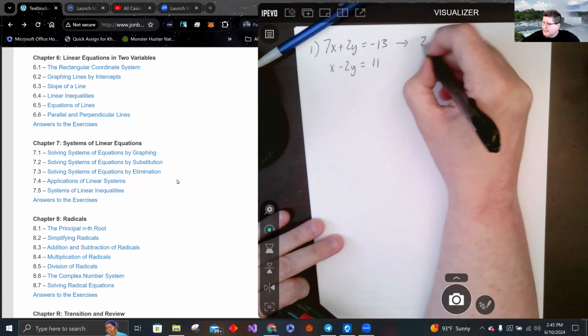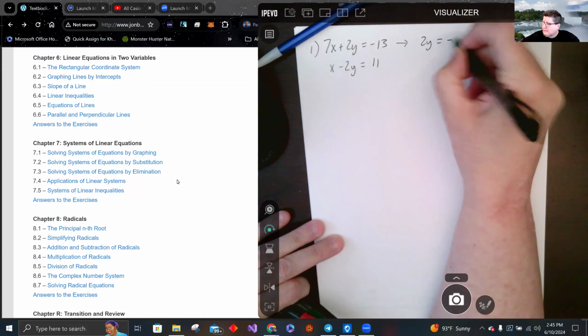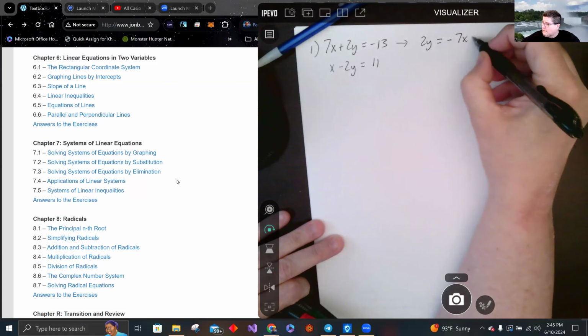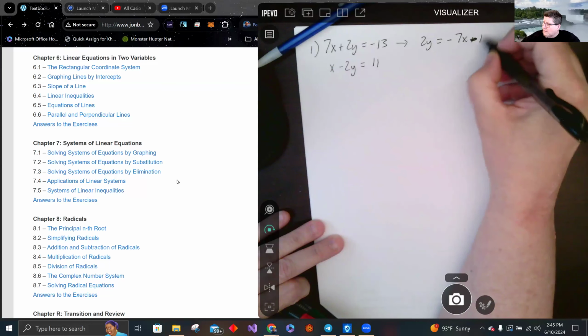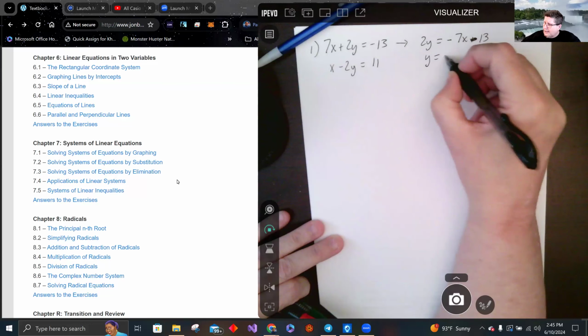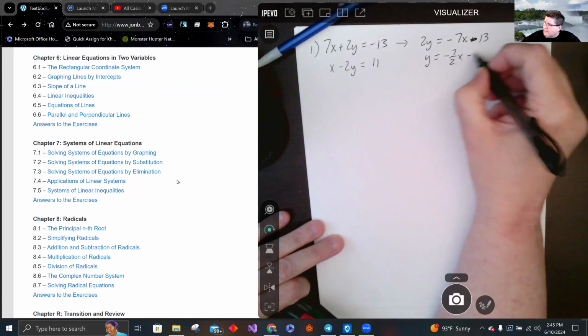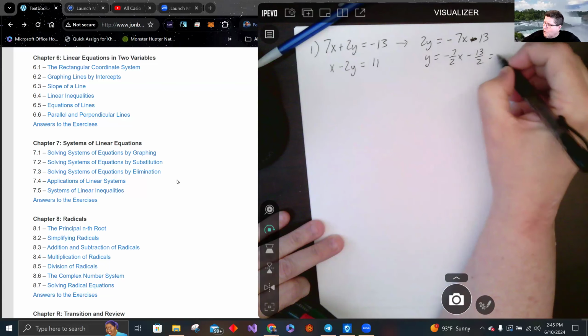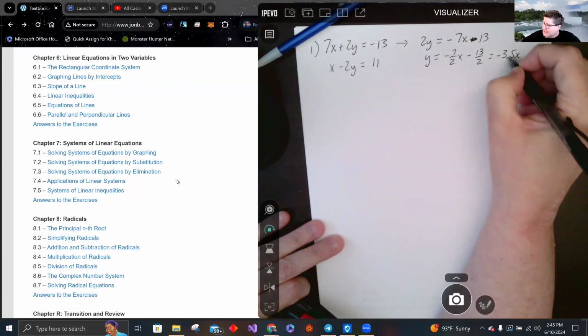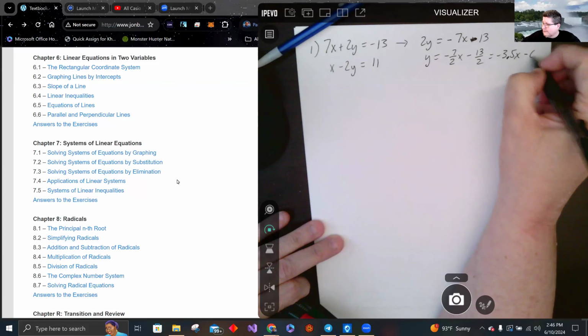So if I subtract 7x, and if I divide by 2, I get y equals negative 7 halves x minus 13 halves, or negative 3.5x minus 6.5.